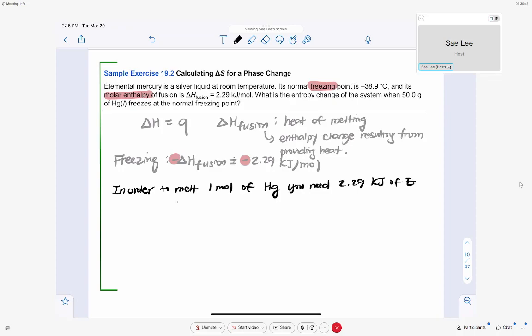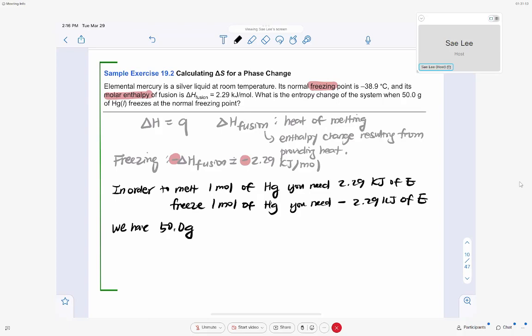In order to freeze 1 mole of mercury, you need negative 2.29 kilojoule of energy. But how many moles do you have? You have 50 gram. We don't know how many moles this 50 gram is, so let's convert this into mole.